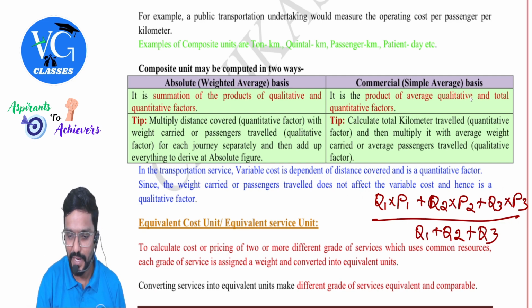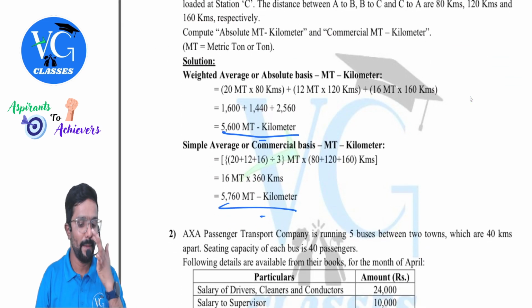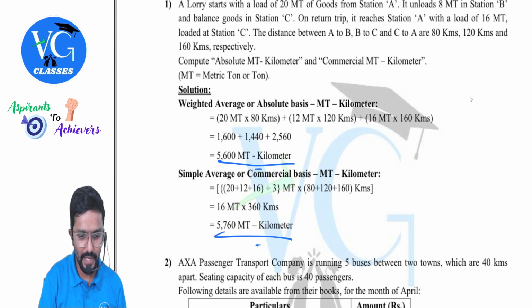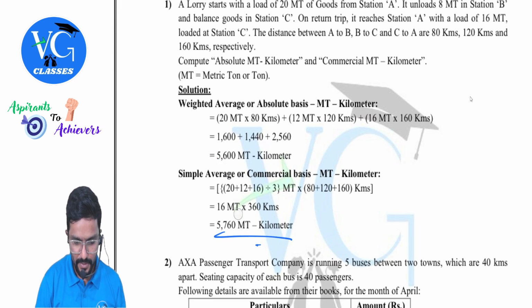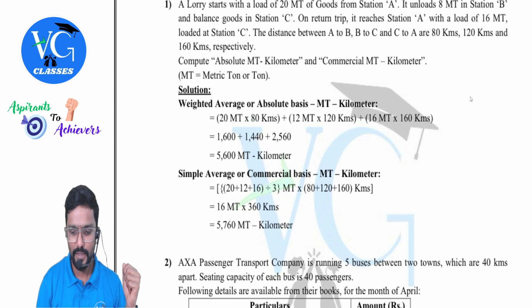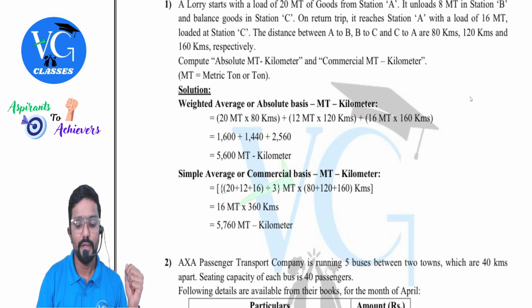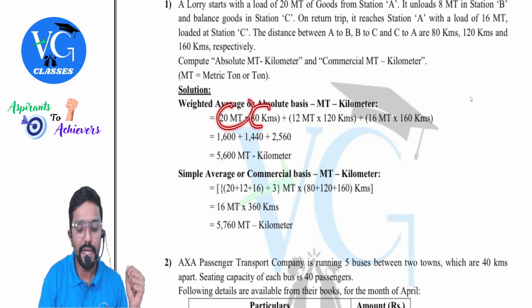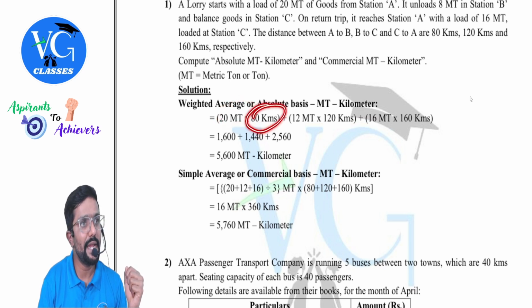Let me explain this with an example first for more clarity. You can see here, there are different journeys made by a truck. The truck is carrying a weight and making different journeys. They have carried 20 tons and traveled for how many kilometers? 80 kilometers.